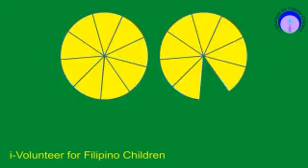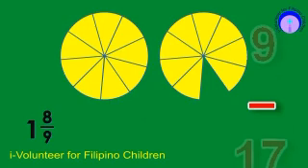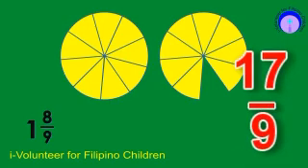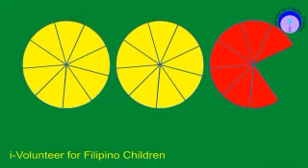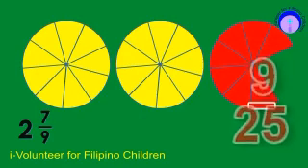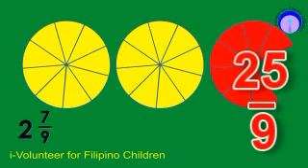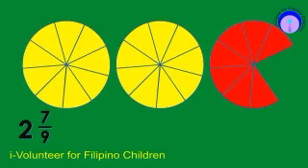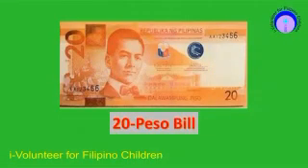Can you convert this mixed number into its improper fraction? The improper fraction is 25/9.